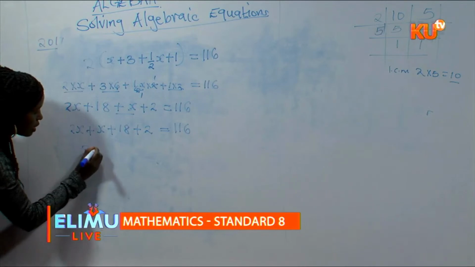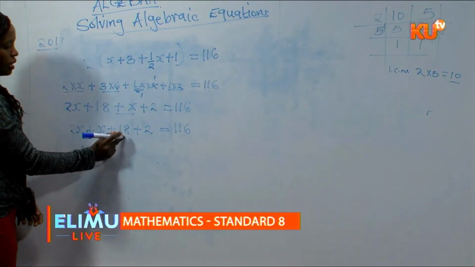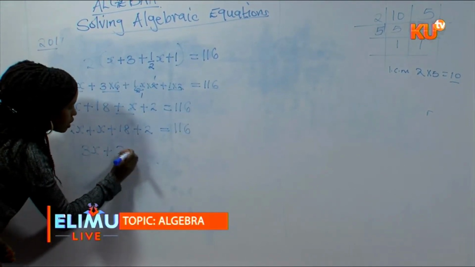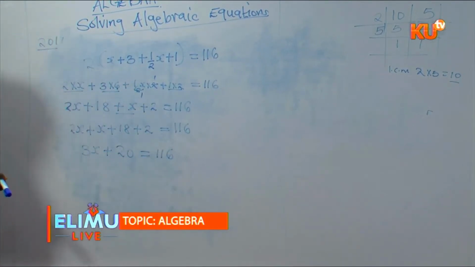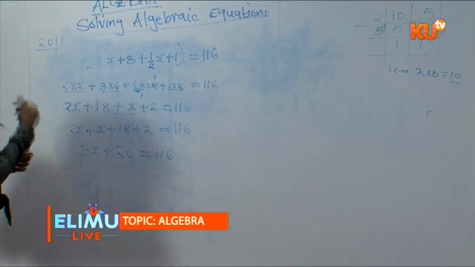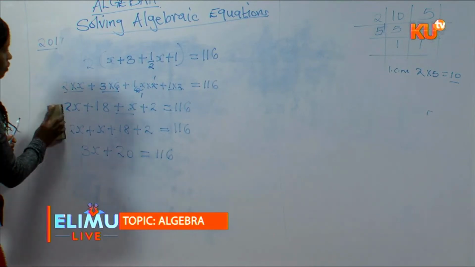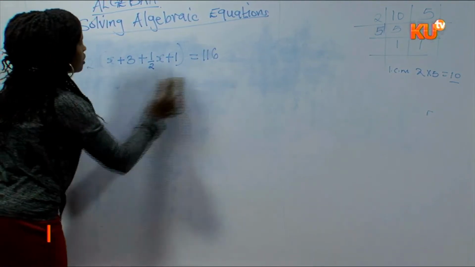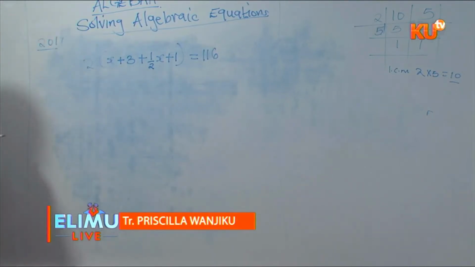I get 3x plus 18 plus 2. I get 20 is equal to 116. Sorry. Let's go back a bit.